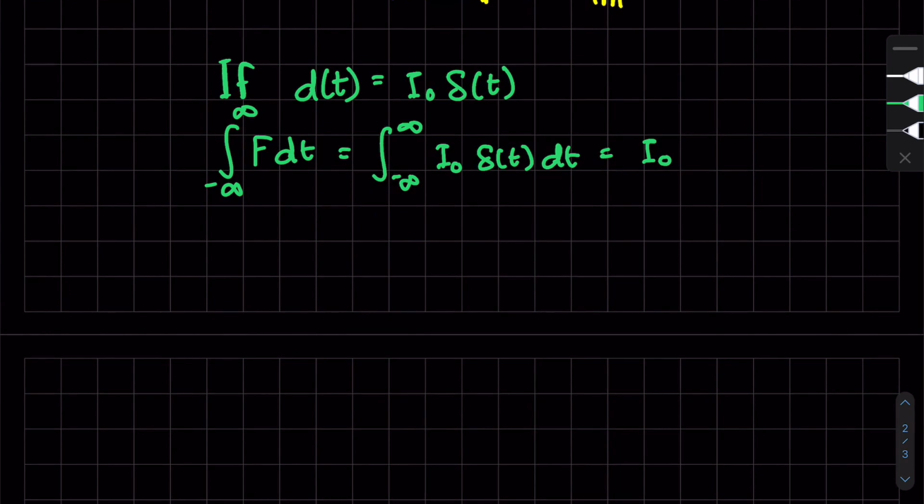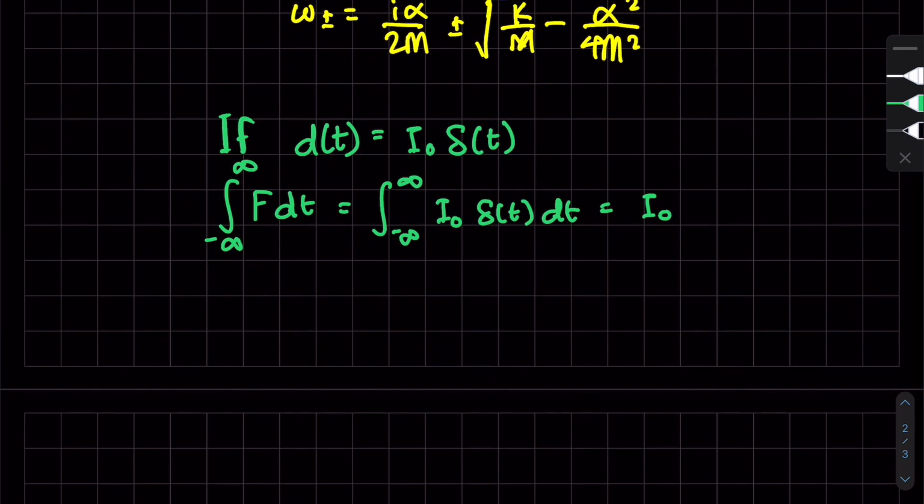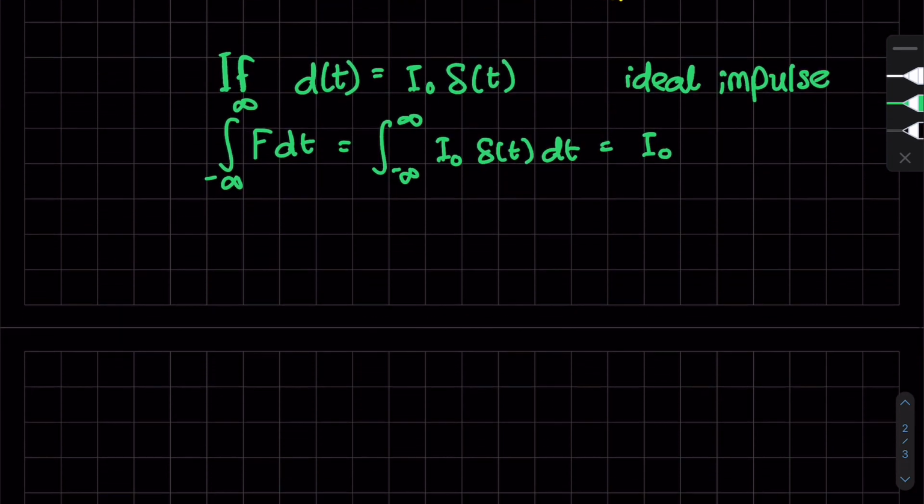So the integral of f dt is what we call the impulse in classical mechanics. I naught times delta of t is called the ideal impulse, because it peaks in an infinitesimally narrow window on the t-axis.